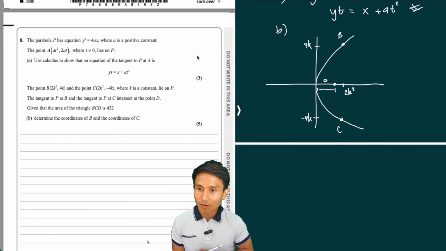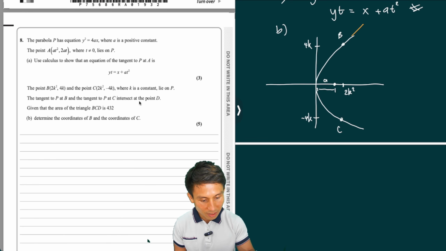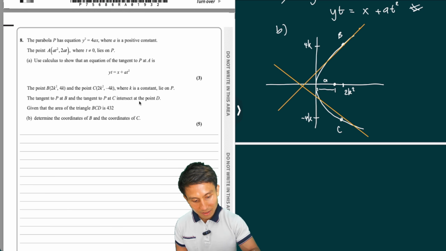And where's point D? Because that's B and C, and the tangent intersects at that point D. So I'm just going to use a different color, drawing the tangent there. So I think this should intersect halfway.